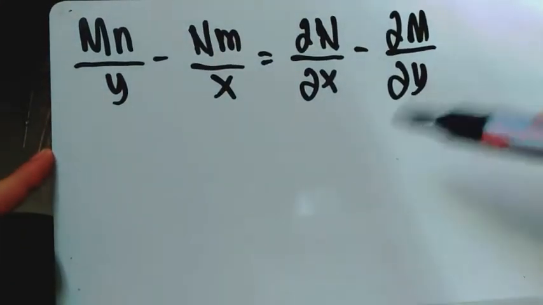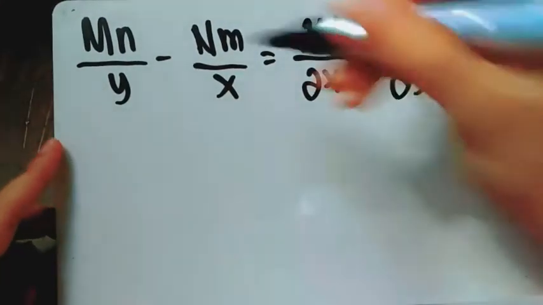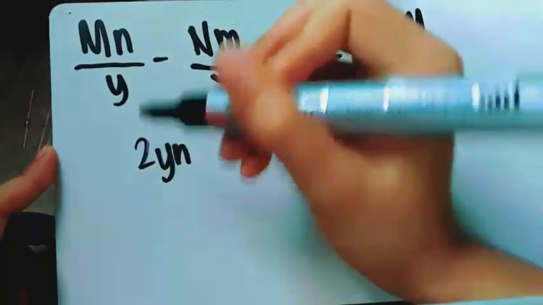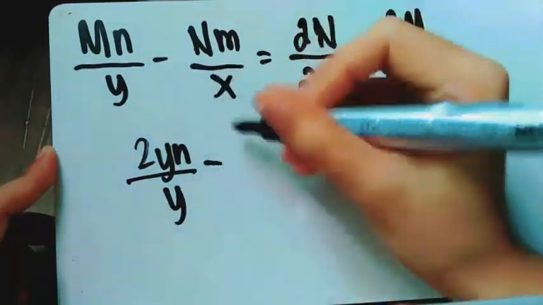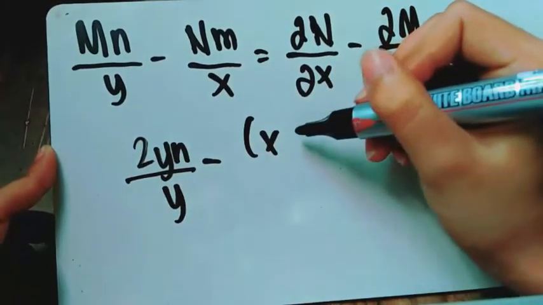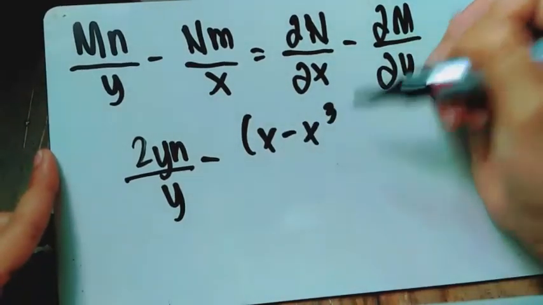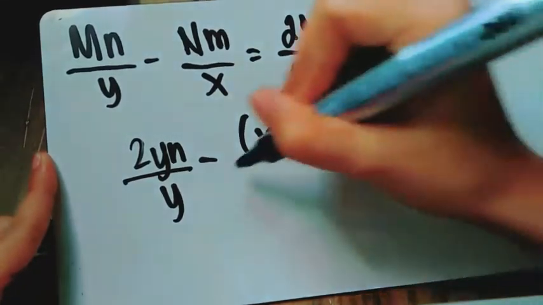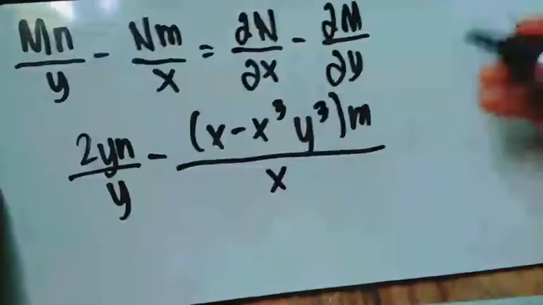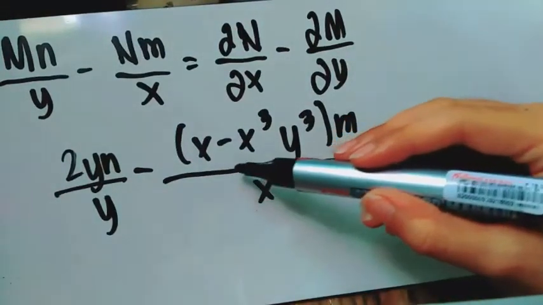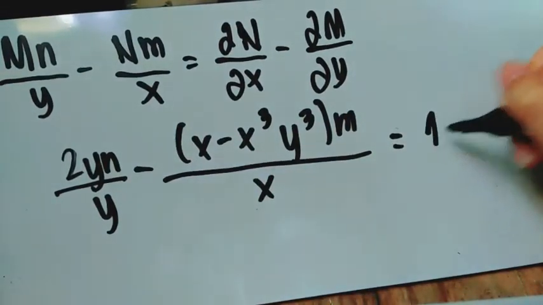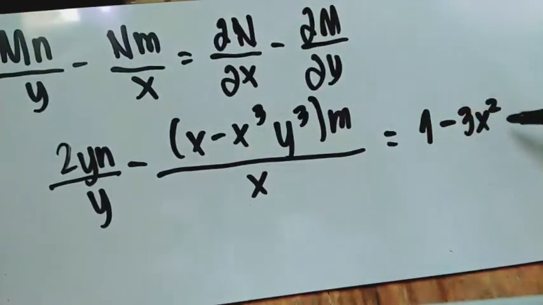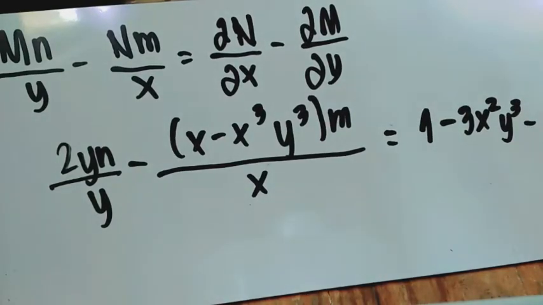After getting our m and n, apply lang natin yung formula na to. So, we have 2y to the n over y minus x cubed y cubed to the m over x is equal to 1 minus 3x squared y cubed minus 2.